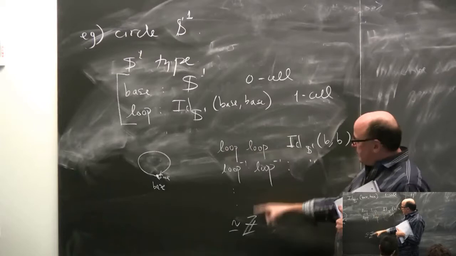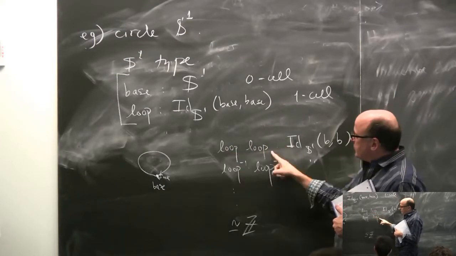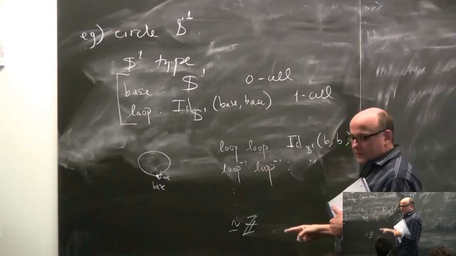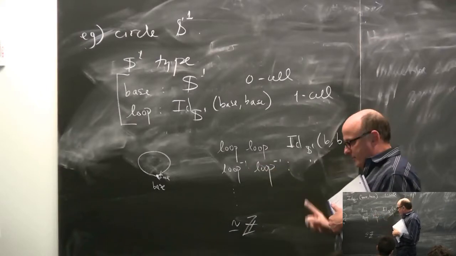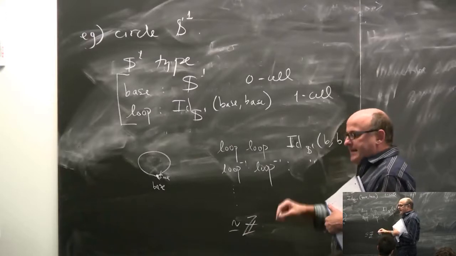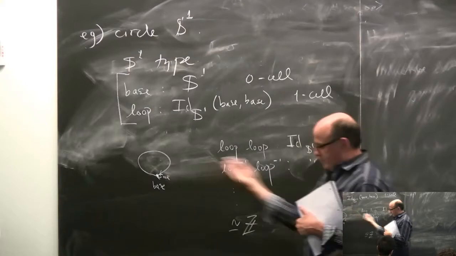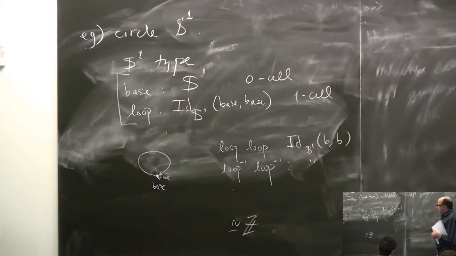This is loop squared. So basically, we're going to look at the exponent. So this will be loop squared. This is loop to the -2. And you can write down all of those things. And it turns out there's a 1-to-1 correspondence between that and Z, at least as far as the sets, basically looking at only the structure of the loops at that dimension 1. So we'll end up being able to characterize Z.